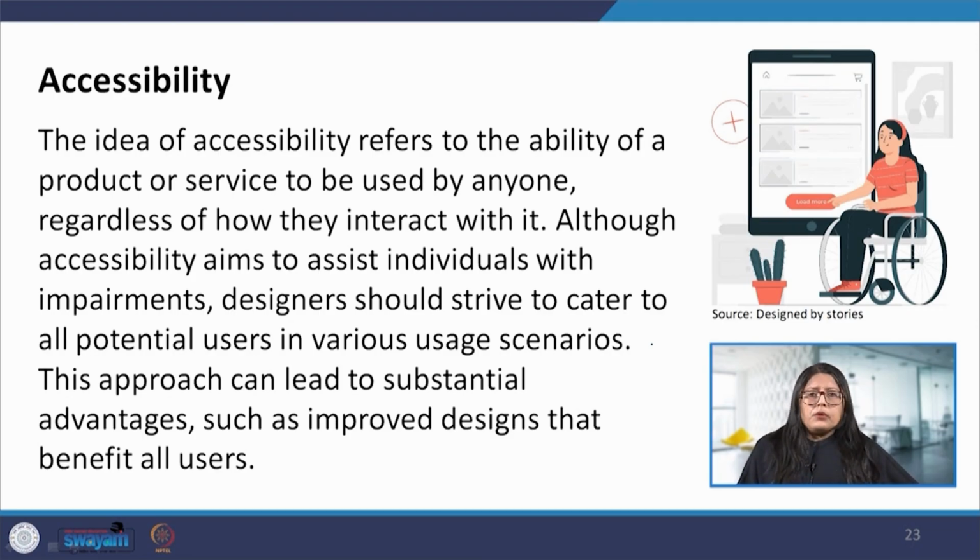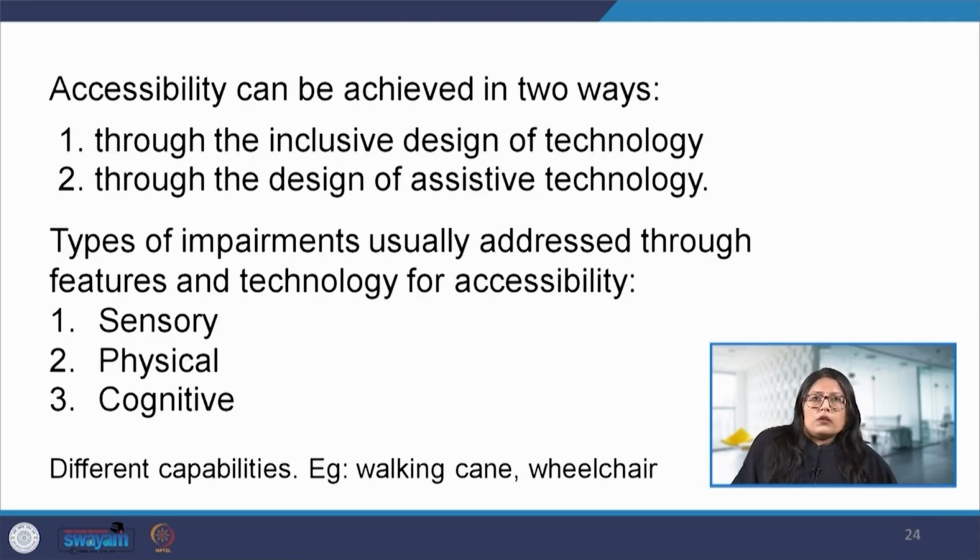For example, when we are watching a movie and there are captions, people with hearing disabilities can read the captions and understand what is happening in the movie, but for a person who is hearing, the closed captions also do not pose any problem. There are two ways in which we can achieve accessibility.